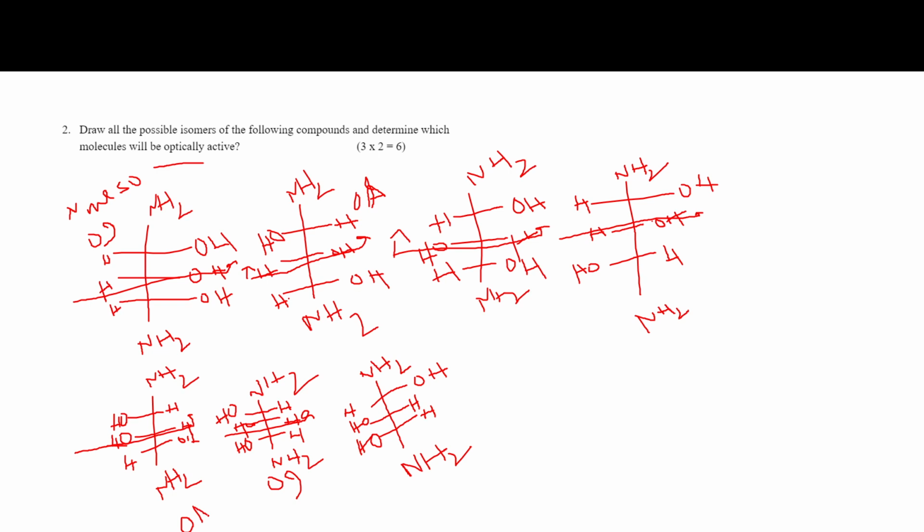This one is optically active, this one is optically inactive. So like that we have to draw all the possible conformations, then we have to tell which one is optically active and which one is optically inactive.